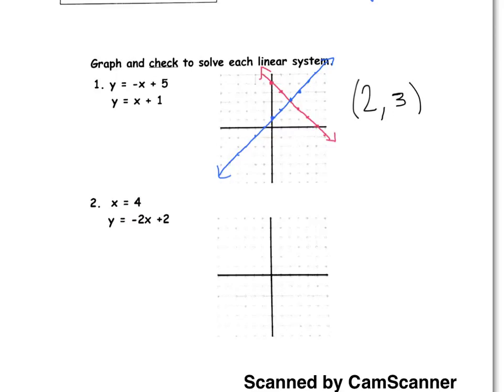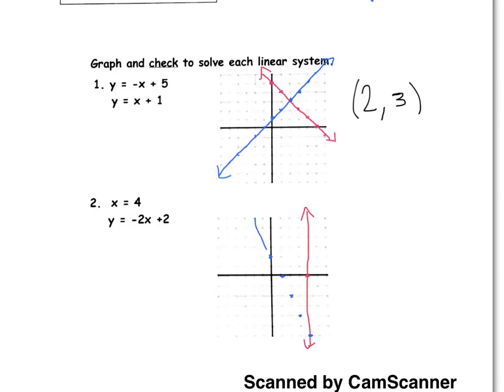So vertical at 4, I go 1, 2, 3, 4. There is where it intersects, and I'm going to draw a vertical line through 4. Now the other one starts at 2, and the slope is down 2 over 1, negative 2, negative 2, negative 2, negative 2.